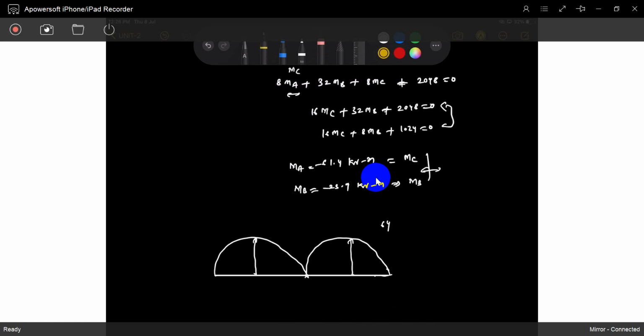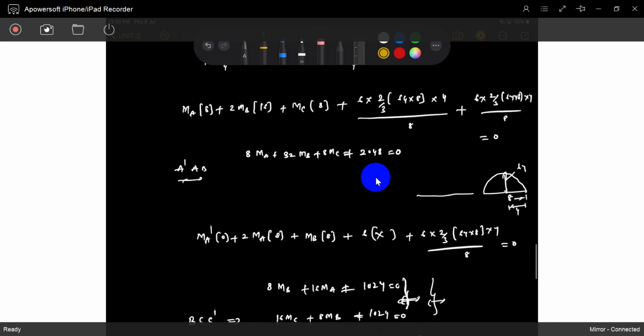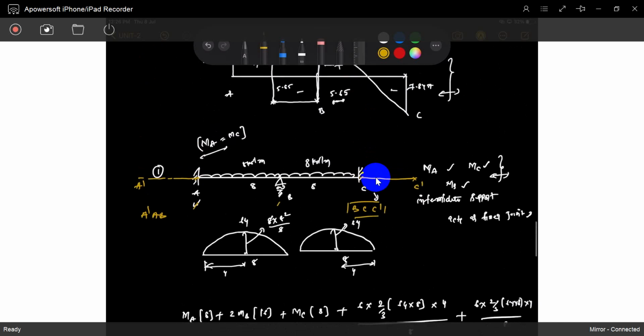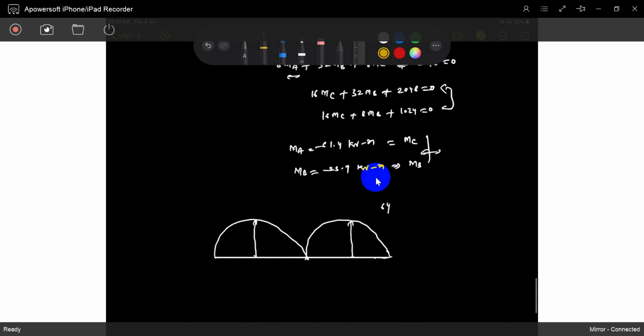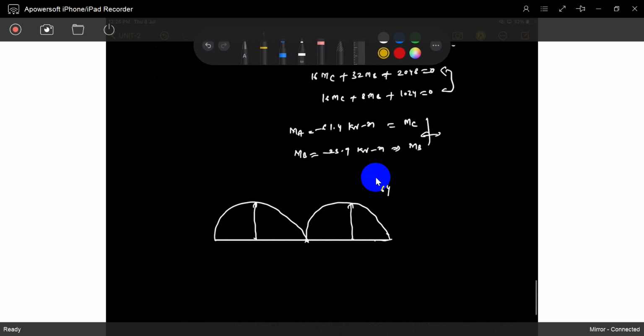What are the fixed end moments? Fixed end moment MA is 64. 61, what is that value? This is 64. Maybe the values are wrong or right, I don't know, I just took a random problem. So 61 is the bending moment diagram. Almost it comes to 61, positive. At center 23. So write it like this.